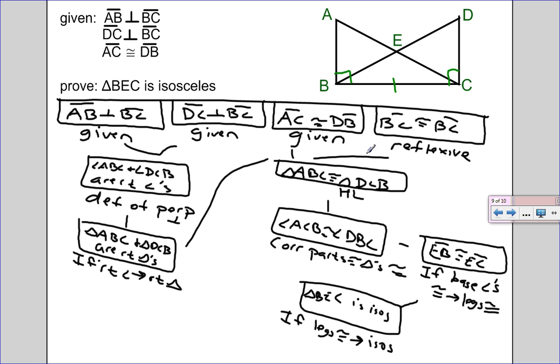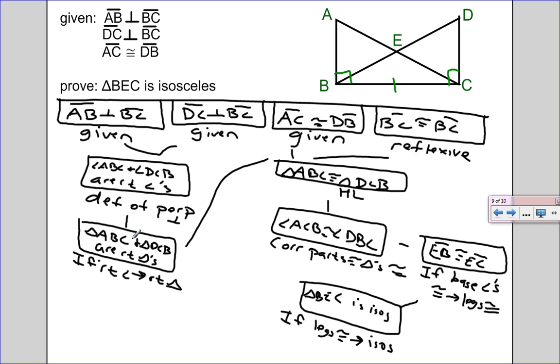So let's see how you did. You write your givens, the perpendicular parts, the AC to DB, and our reflexive side. We know that angle ABC and angle DCB are right angles by definition of perpendicular. And if we're trying to use HL, we don't want to say they're congruent, but we want to say that they're right triangles.